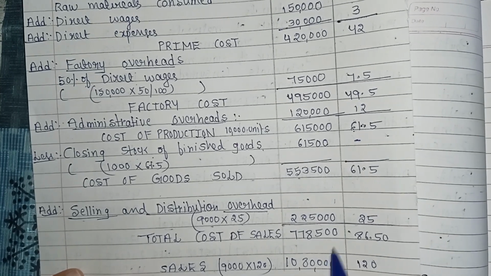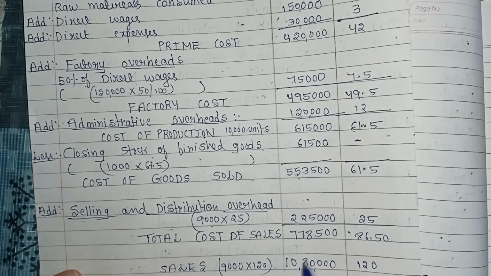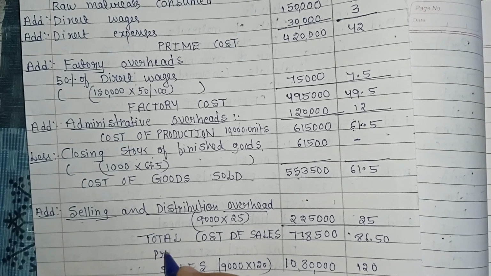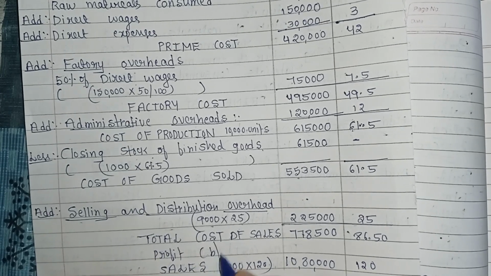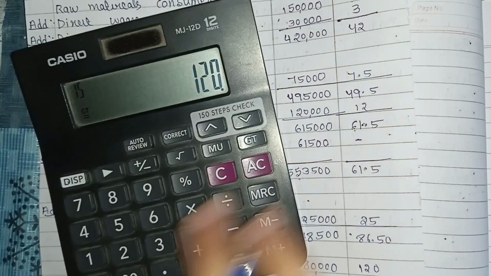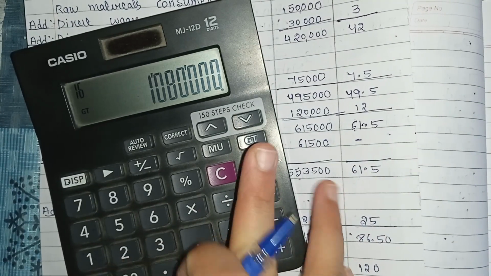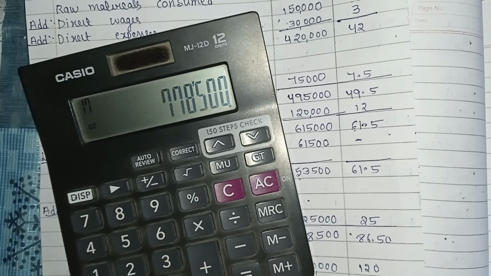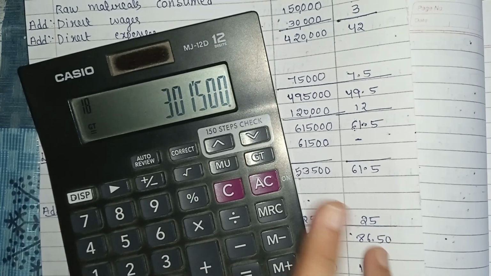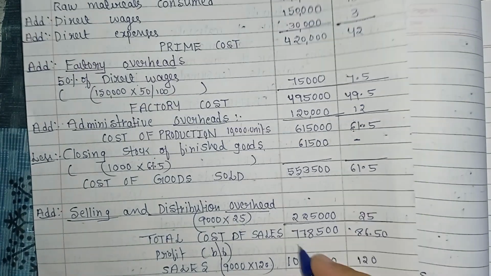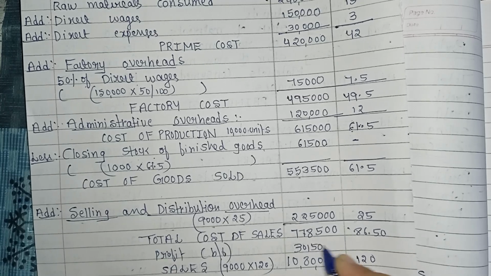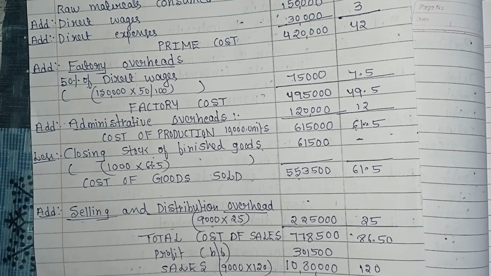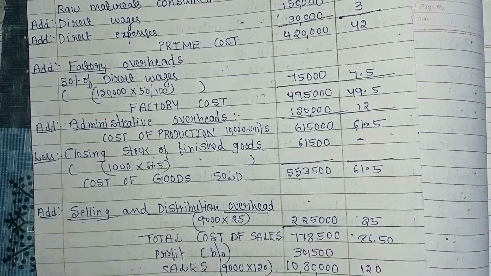Here sales are more than cost of sales, which results in profit. That is our balancing figure. Clear? So 10,80,000 minus 7,78,500 equals rupees 3,01,500. That is our profit.